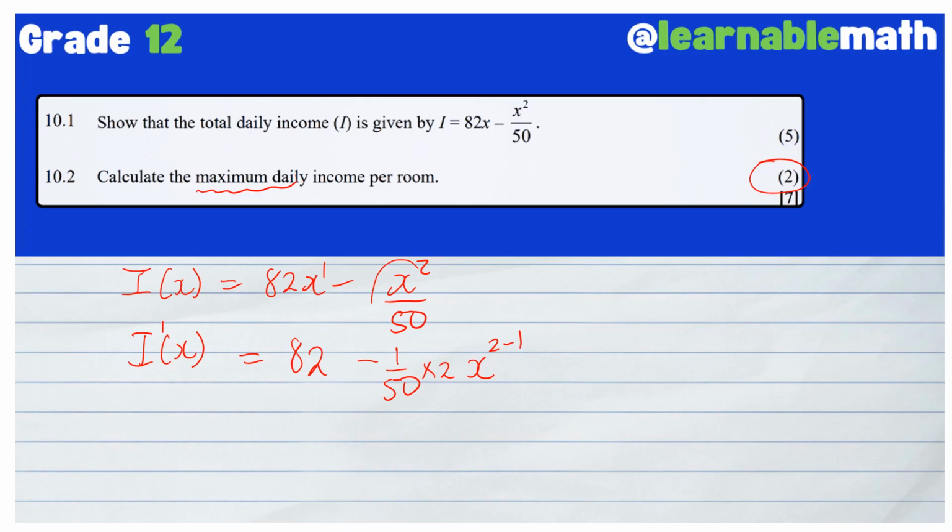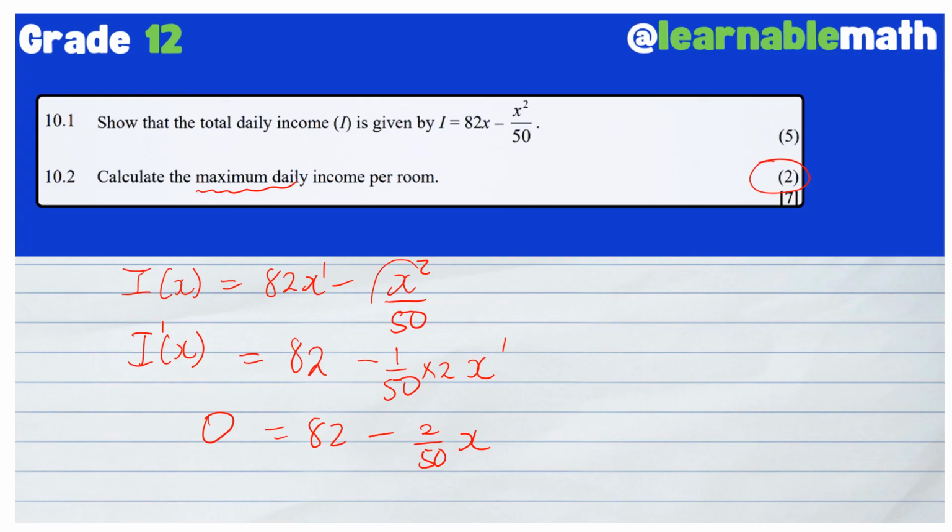So 2 minus 1, you'll be left with 1. 2 over 50 like that, so it will be 82 minus 2 over 50 x is equal to 0. Remember, we say the first derivative must be equal to 0 because at the turning point, the first derivative is equal to 0 on your cubic function. All right, and that's where the maximum is, or that's where the minimum is.